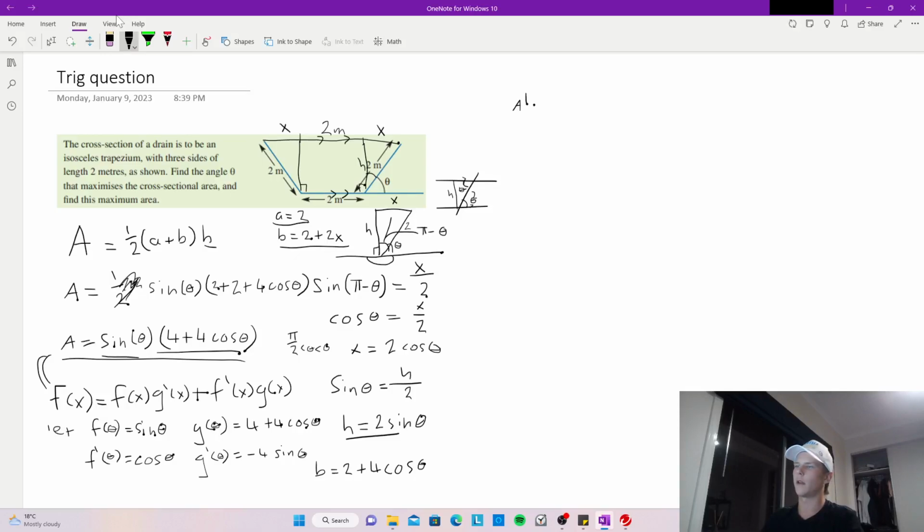It's a bit painful using this device, especially now I've moved on to a different side of the pad. Getting some glitches there. Derivative of A of theta is equal to f of x, which is sine theta.